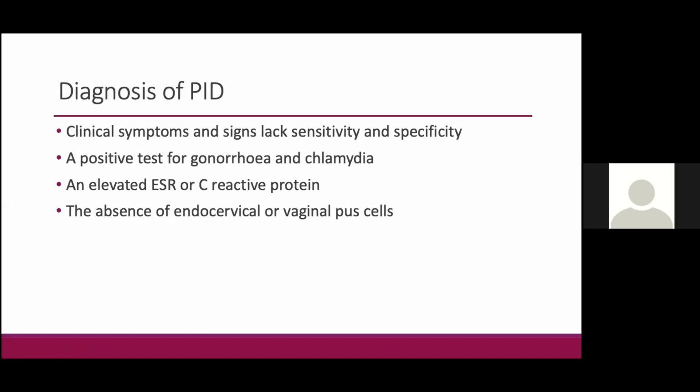Right? The problem is we can't diagnose, there's no diagnostic test. Even if you find an infection, it doesn't mean that the patient has PID. Right? And just because there is absence of organism, it doesn't mean that she doesn't have PID either. So sensitivity and specificity are low, right? However, we can do a chlamydia test.